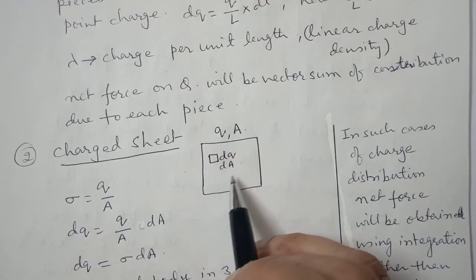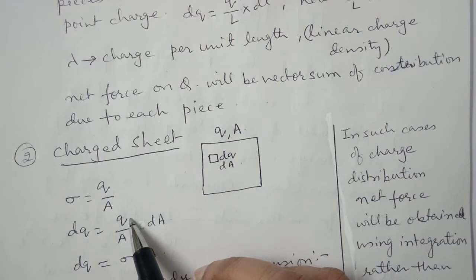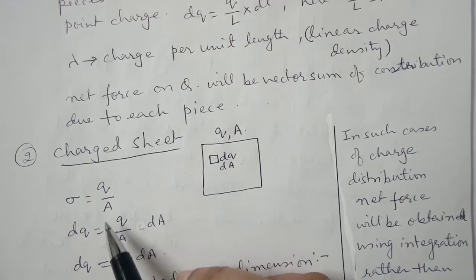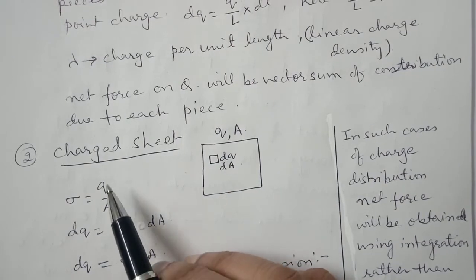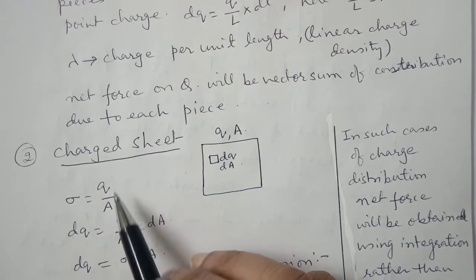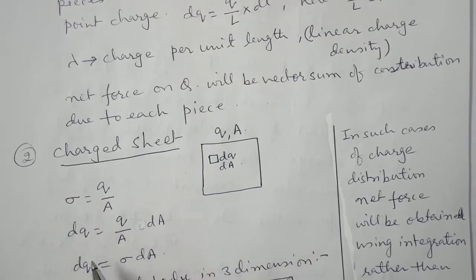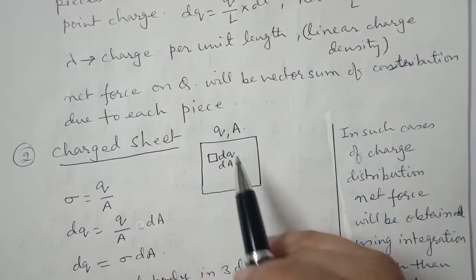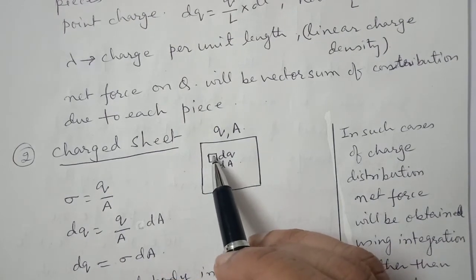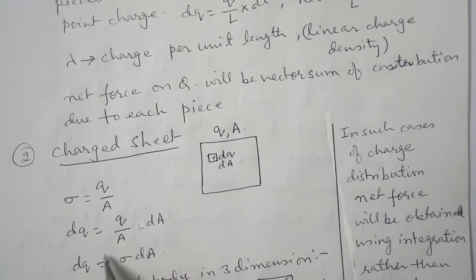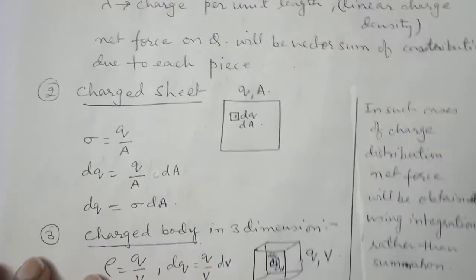What will be the charge dq? It will be given by Q by A into dA. What is this Q by A? It is charge per unit area. It is also known as surface charge density and is denoted by sigma. Now in this case, my point charge becomes this dq, and dq becomes sigma dA.